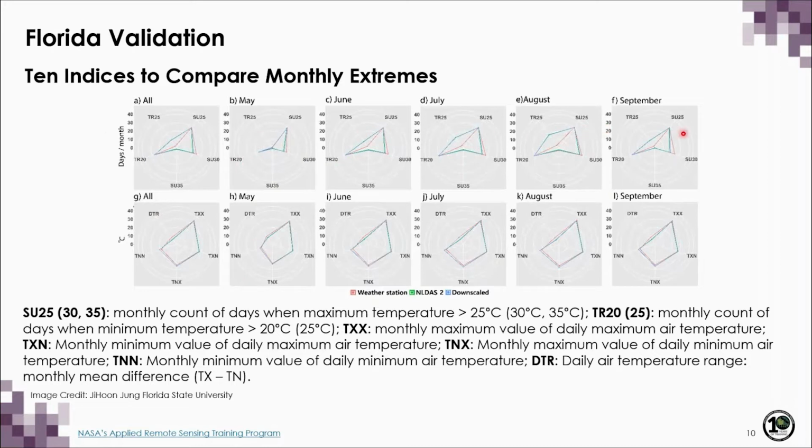The top indicators are based on days of the month, and the bottom indicators are based on absolute degree centigrade measures. You can see that there is a pretty good match for most of these indicators, especially for the measures based on the means of maximum or minimum temperature. We do quite a good job, but less so for capturing days per month above a threshold. But when you look at the means, there is a near perfect match here.